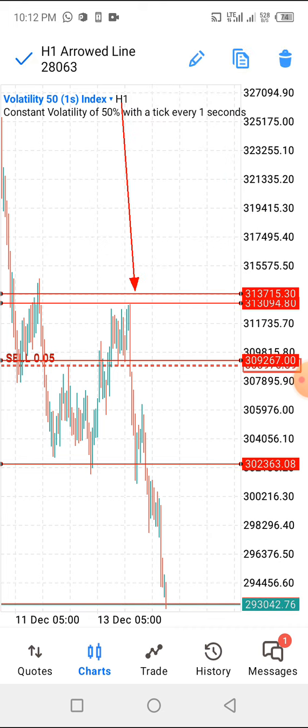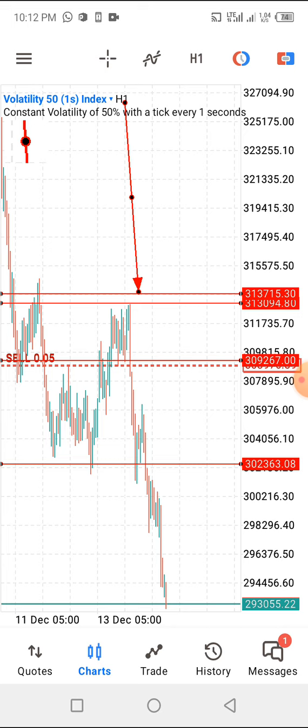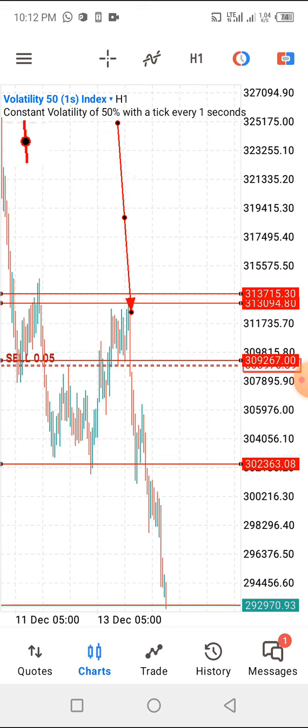But if you kept your stop loss here, you can see that you are in a better position: the price might get to your resistance zone and start reversing and going your way without touching your stop loss. So it's always advisable you keep your stop loss a little bit above your resistance zone, in case the price comes and touches it before going your way, so you'll still be on the safer side. That is why you have to do this.